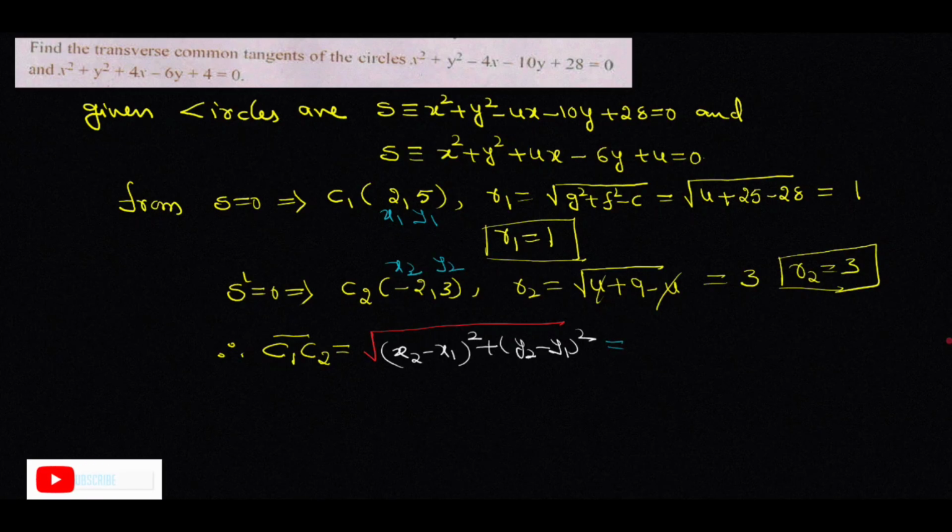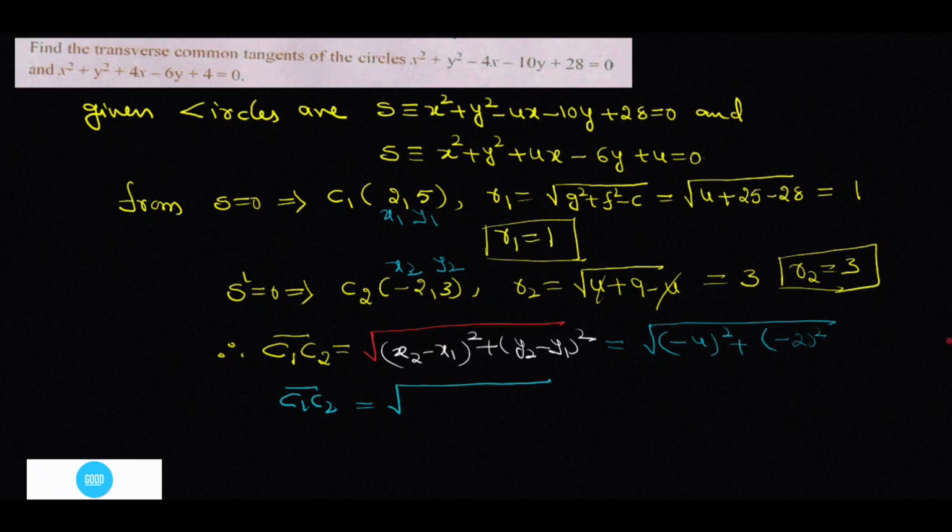Substituting, it is equal to the square root of (minus 4) whole square plus (3 minus 5, which is minus 2) whole square. Then we get C1C2 equal to root 16 plus 4, equal to root 20.